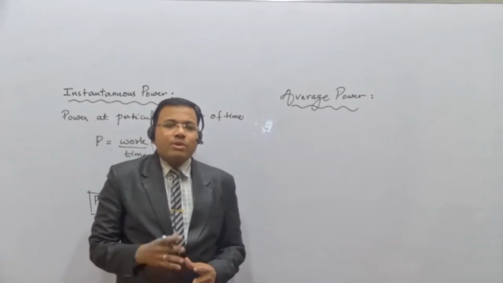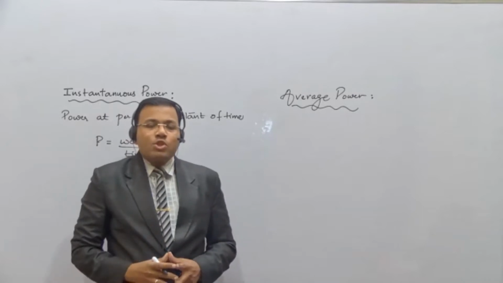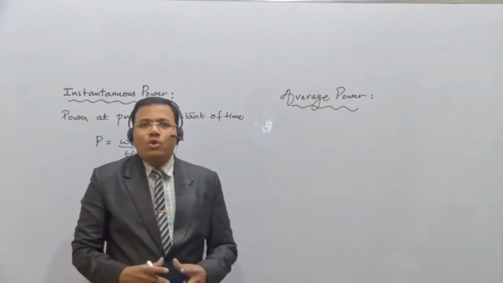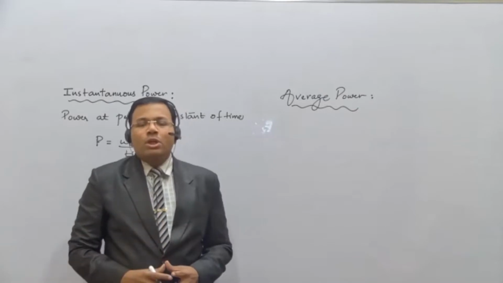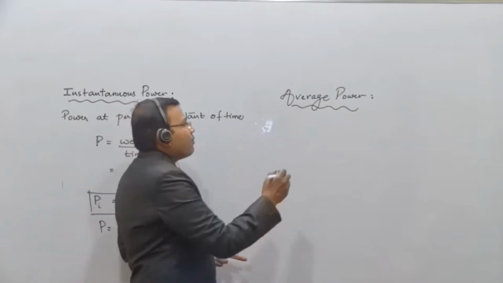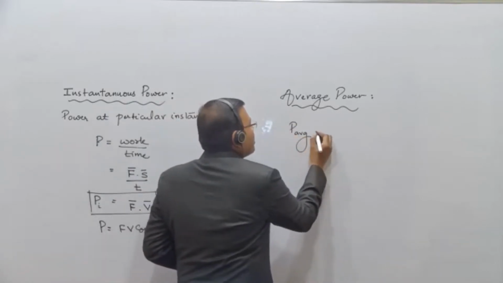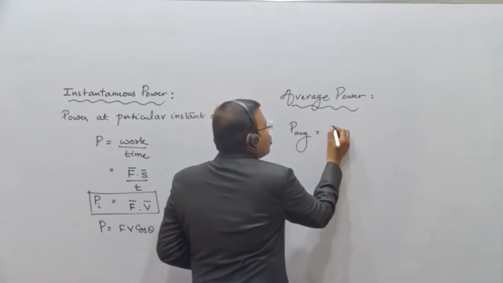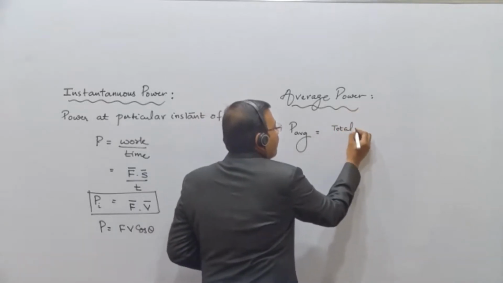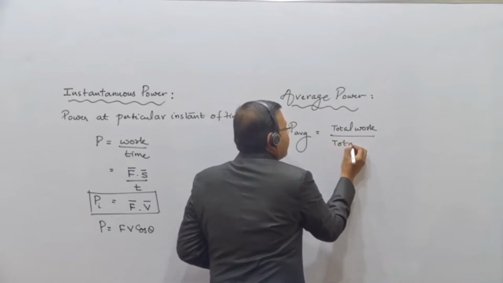Average power is the ratio of total work to total time. That means the total amount of work done in total time gives you the average power. So let us see the formula for average power. Power average is equal to total work by total time.